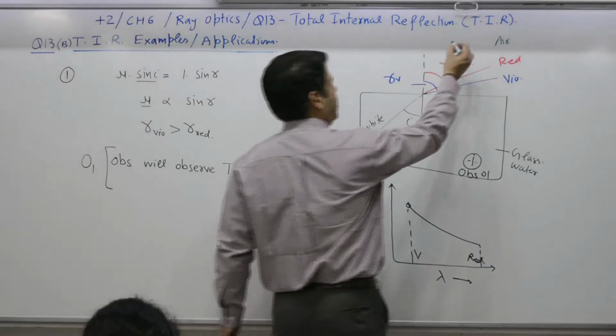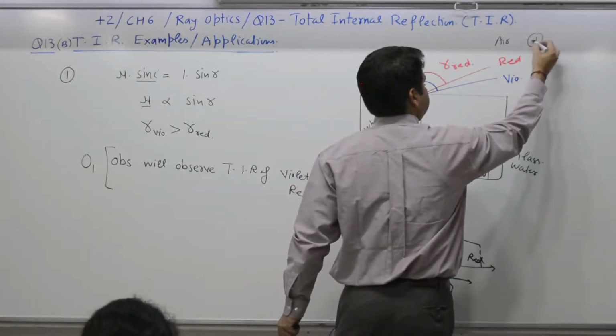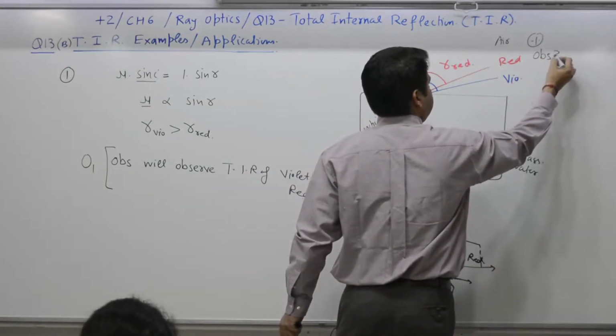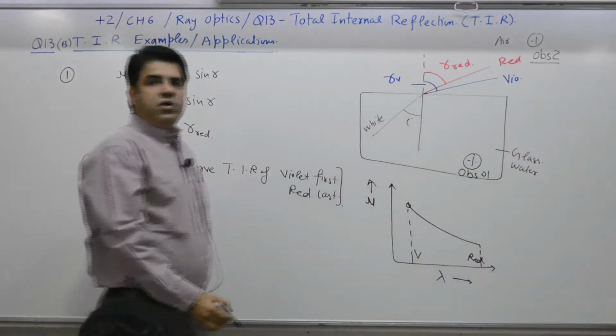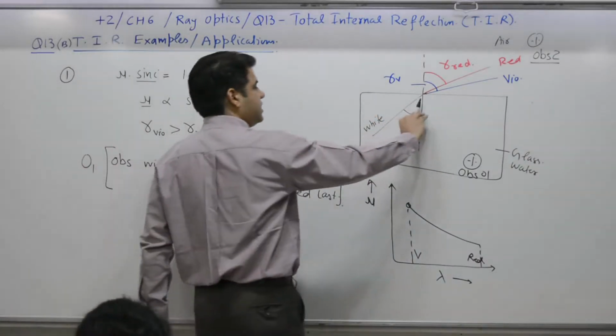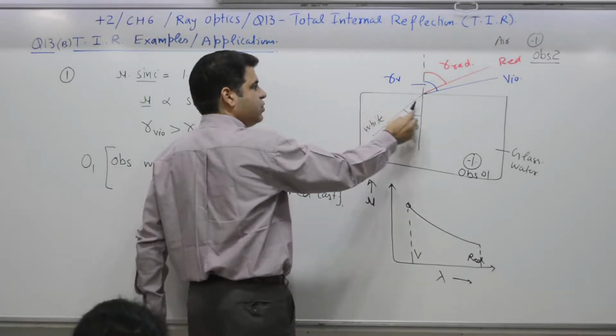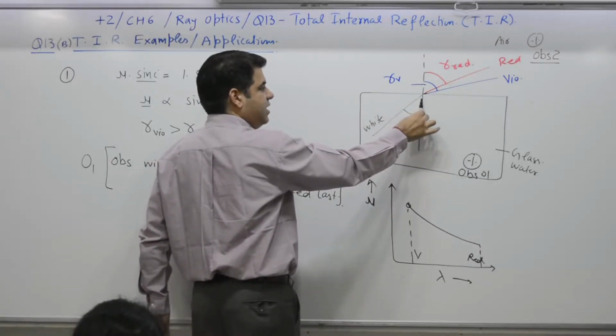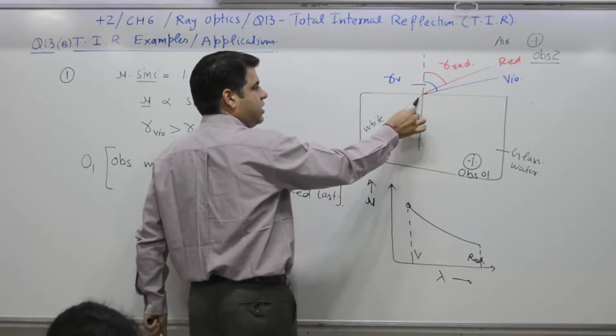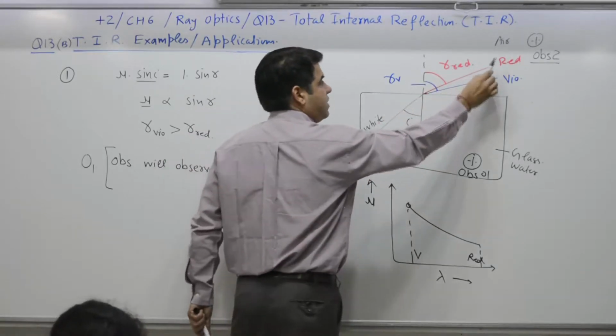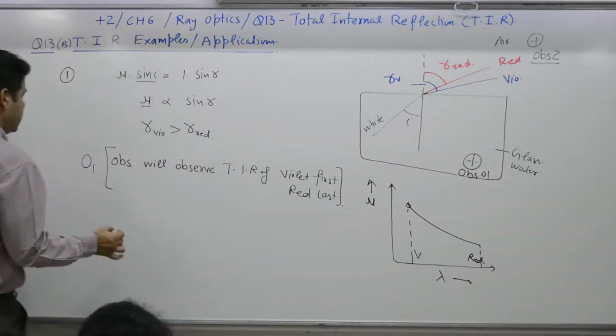What about the other observer here? What is the observation of observer number 2? If you keep on increasing theta from 0, you have to increase it like this. Here the angle of incidence is 10, 20, 30, 40.